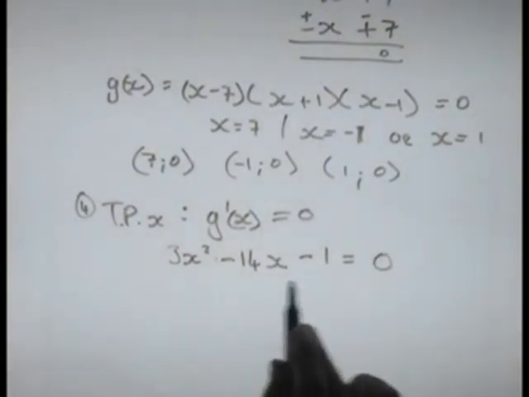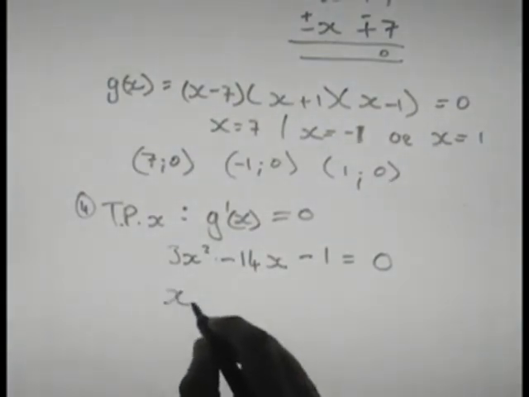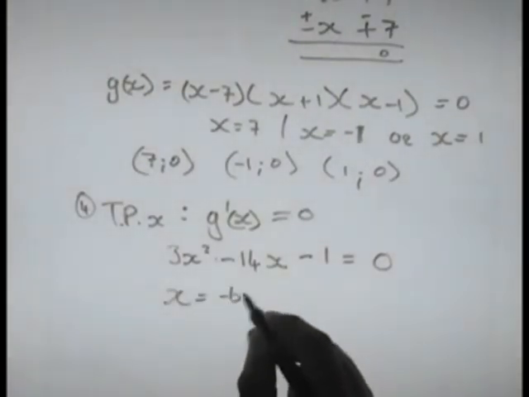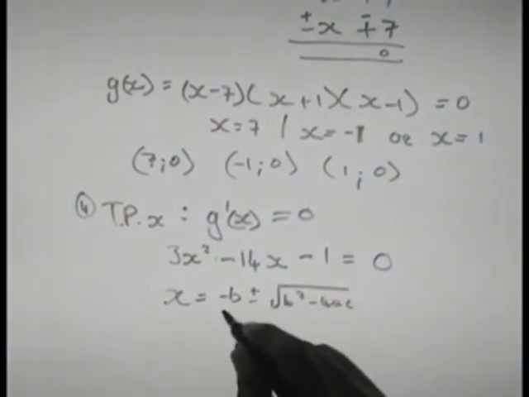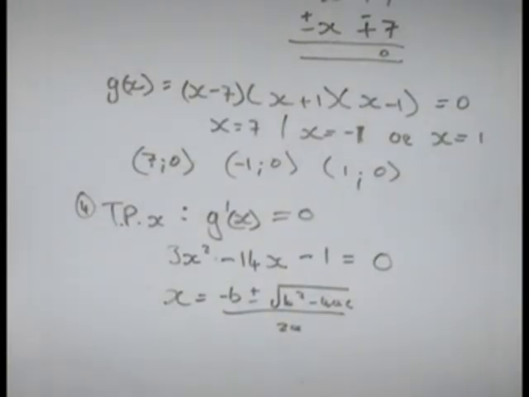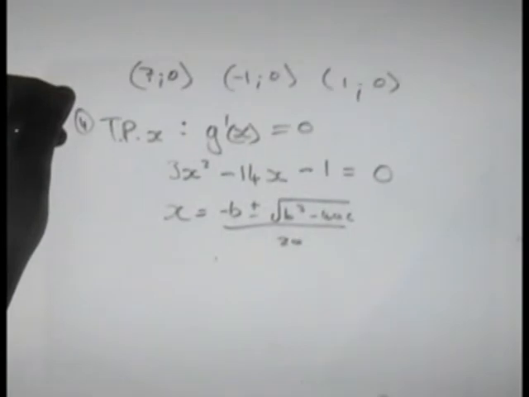Now unfortunately this one again cannot be factorized. We're going to have to use the quadratic formula of x is equal to minus b plus minus square root of b squared minus 4ac, all of that over 2a. Thankfully you guys have all got very advanced calculators, so it's an easy one to do.